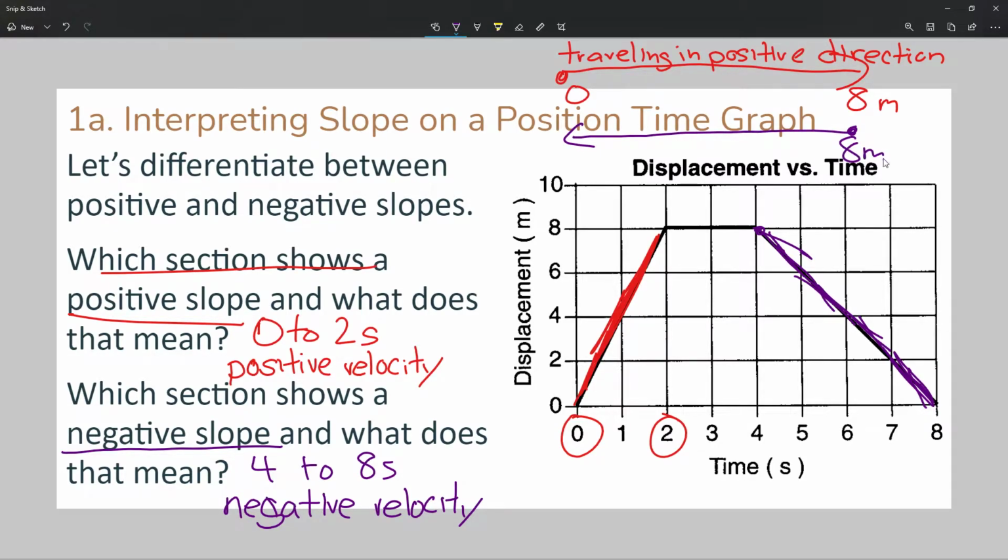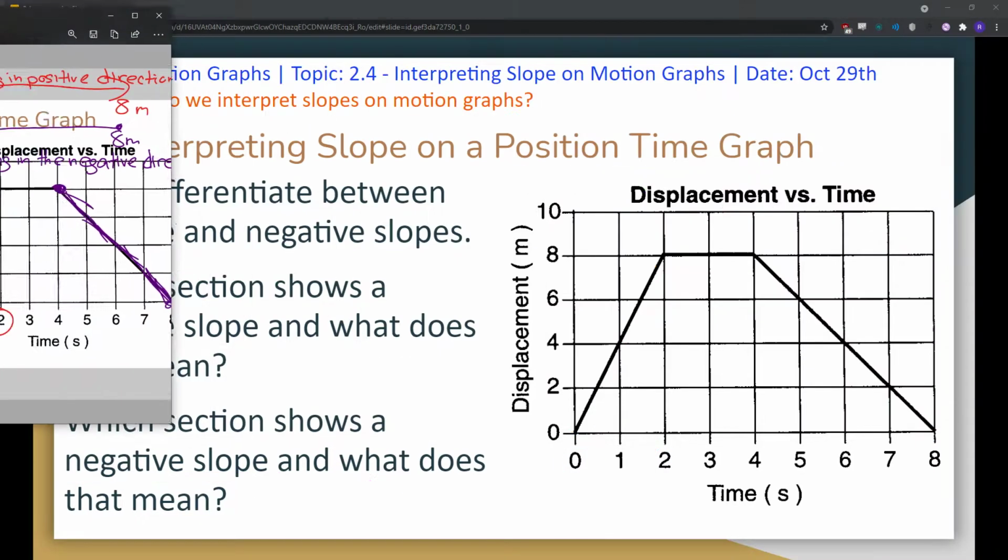That makes sense, because we start at 8 here and end at 0, essentially traveling back in the opposite direction. So we're traveling in the negative direction if we have a negative velocity. Let's move on. Feel free to pause.